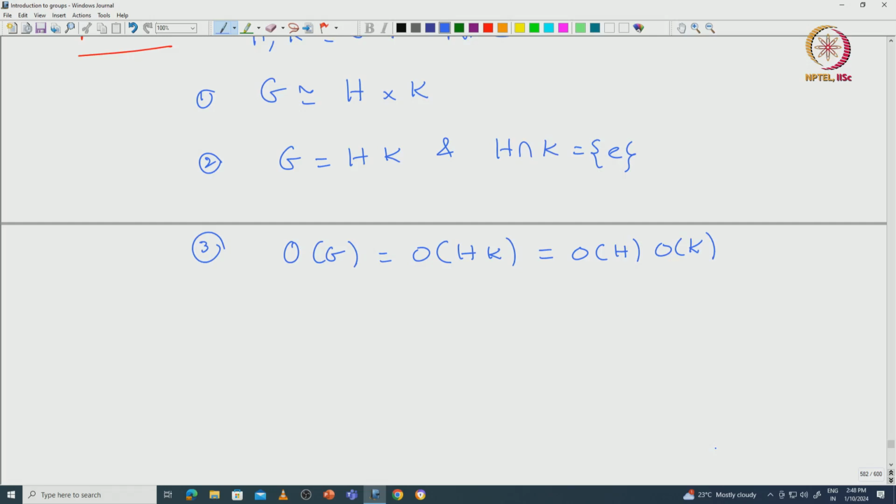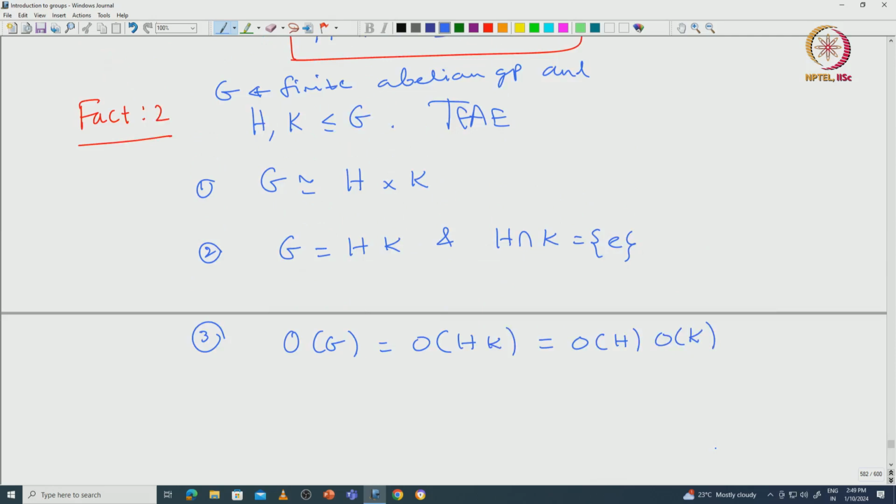So the order of HK being the order of G will imply that G equals HK. Now the order of HK is nothing but the order of H times the order of K divided by the order of H intersection K. If that is the same as the order of G, then you can see that the order of H intersection K must be trivial, which is 1. So that forces H intersection K to be trivial. I will leave it to you to check this. These are all equivalent, and it is not that hard to verify.